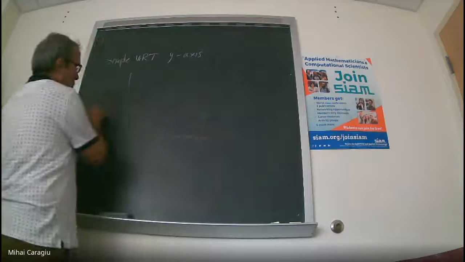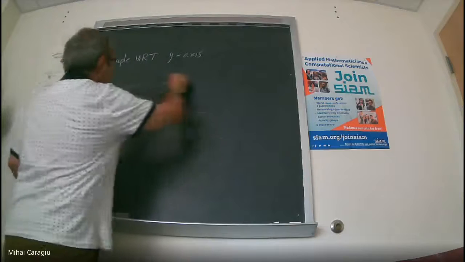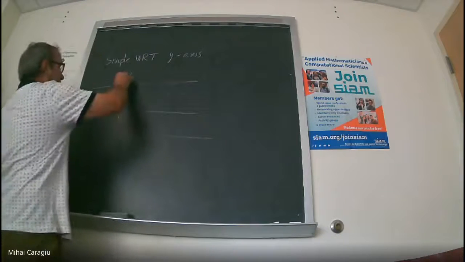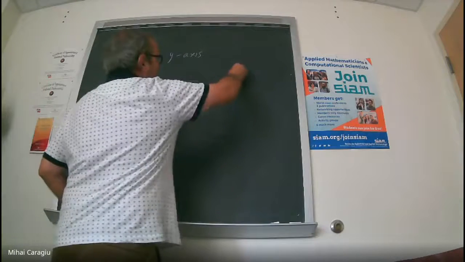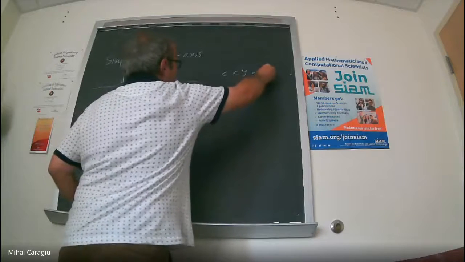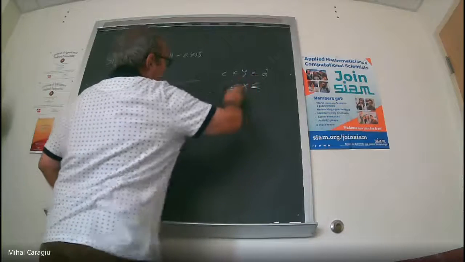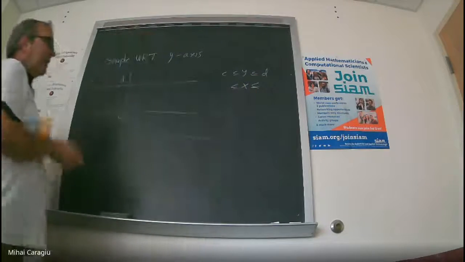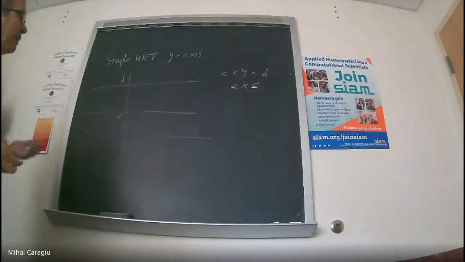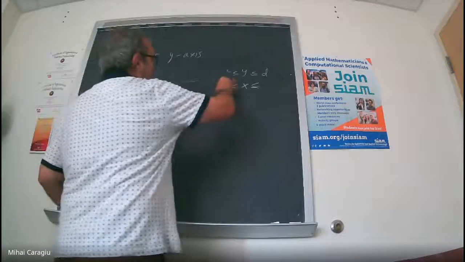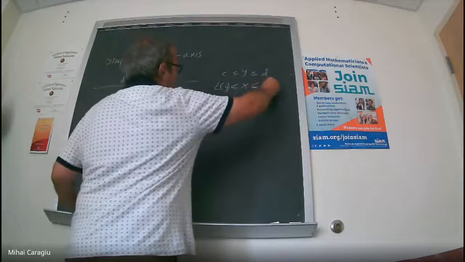In this case, y is between c and d. So y is between two fixed values. And x is between, again, a lower function and an upper function, but the lower and upper in this case depend on y. So x is between low of y and u of y.